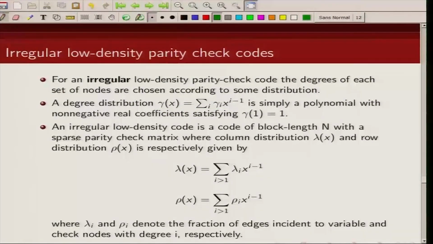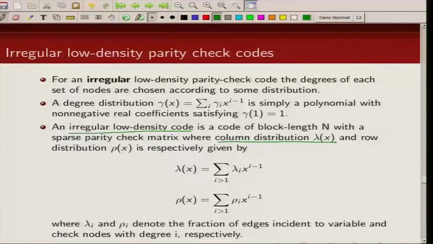These are the fraction of nodes with degree i. Now, for an irregular LDPC code, we have to specify two degree distributions. One is the column degree distribution, the other is the row degree distribution. The column degree distribution we denote by lambda(x), and the row degree distribution we denote by rho(x).